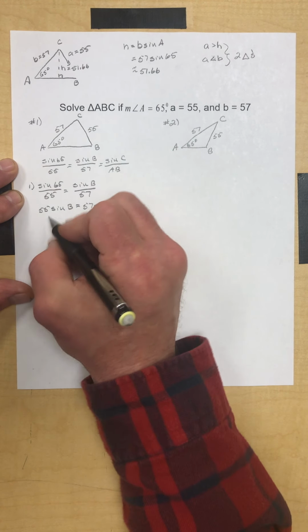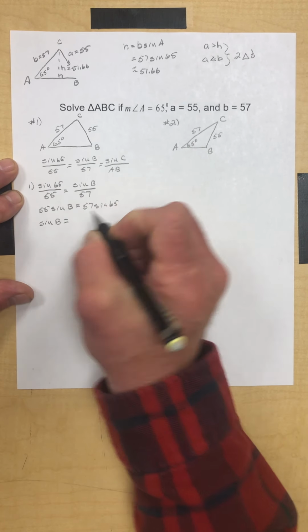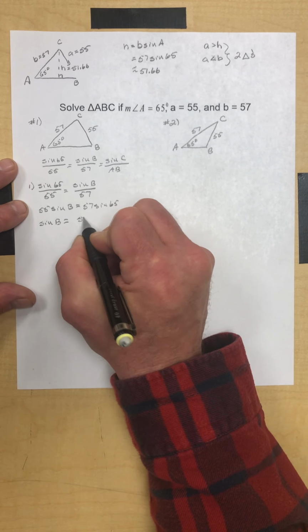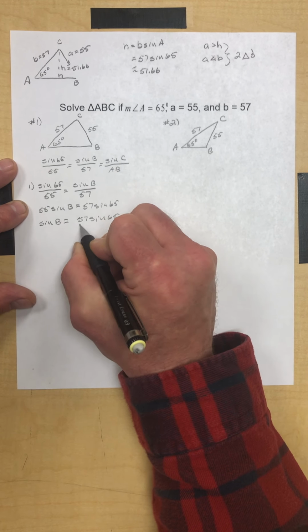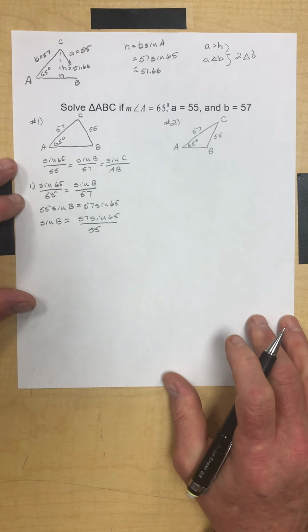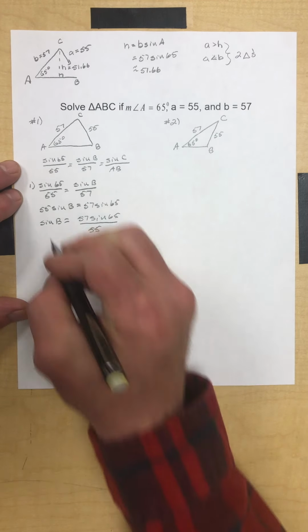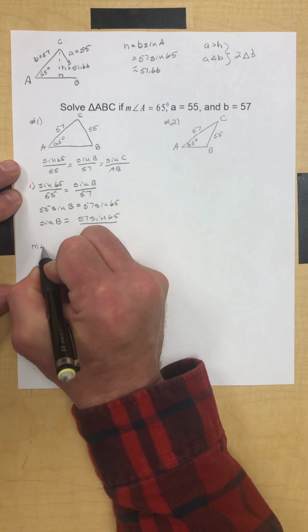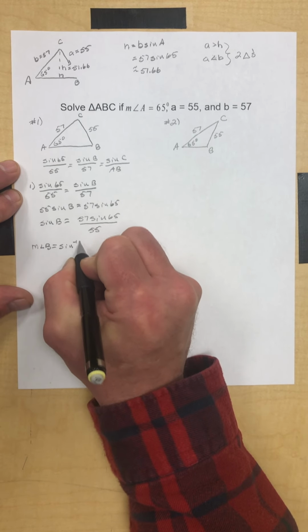Divide by 55, so we get the sine of angle B equals 57 times the sine of 65 degrees, all divided by 55, which means we have to use inverse sine to find the measure of angle B. So the measure of angle B is sine inverse.